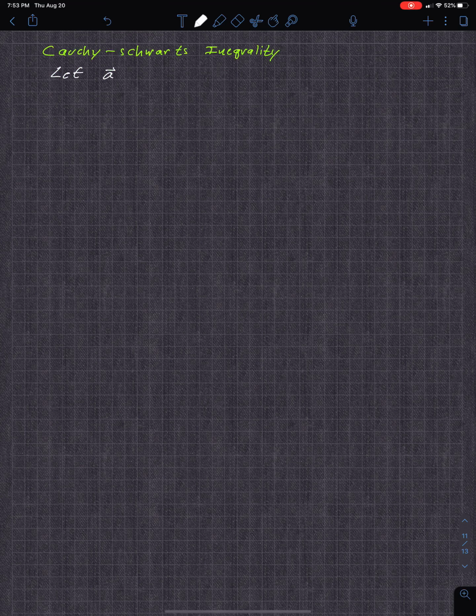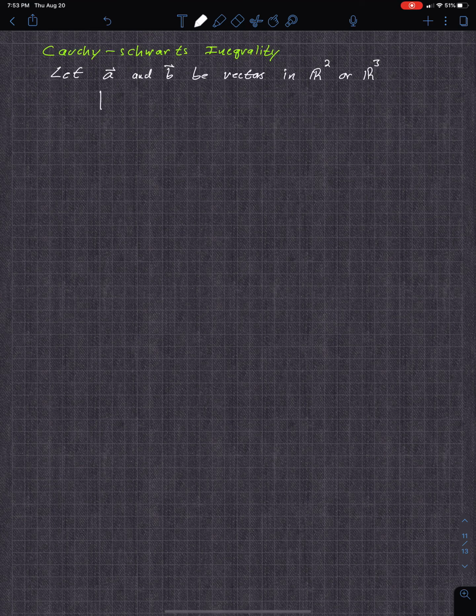So let A and B be vectors in R2 or R3, it doesn't really matter.